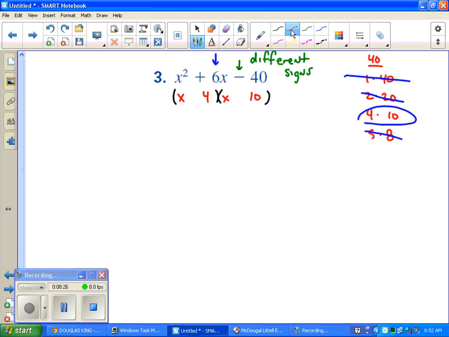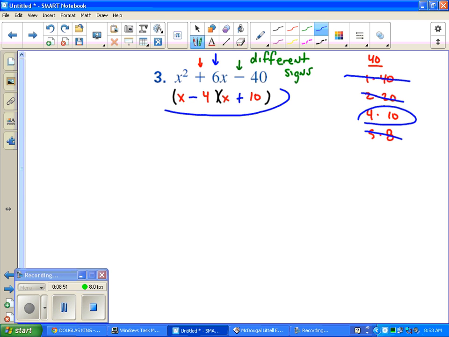Once you know that they're different, look to the first sign, the one that's in front of the b value. That tells you the sign of the larger number. So as you're looking at 4 and 10, 10 is the larger number. It is going to be plus, which means the other one, 4, is minus. So x minus 4 times x minus 10.